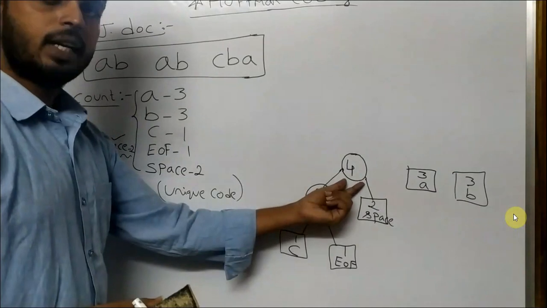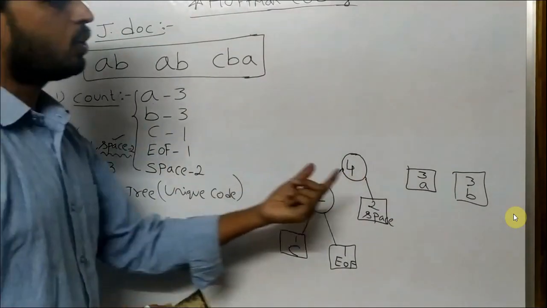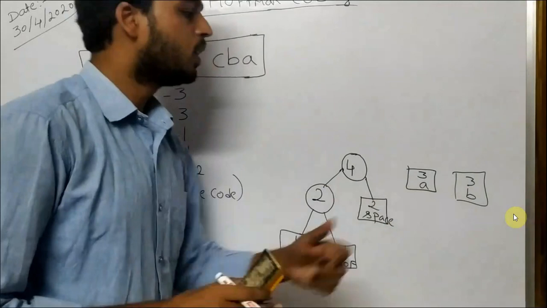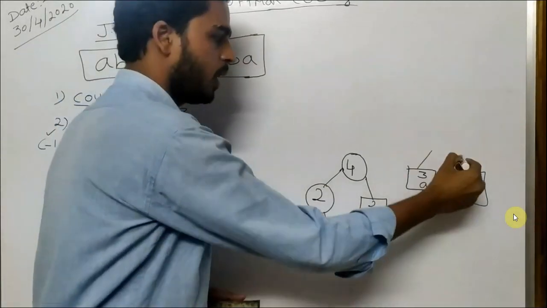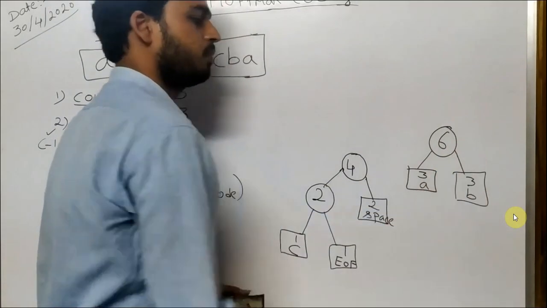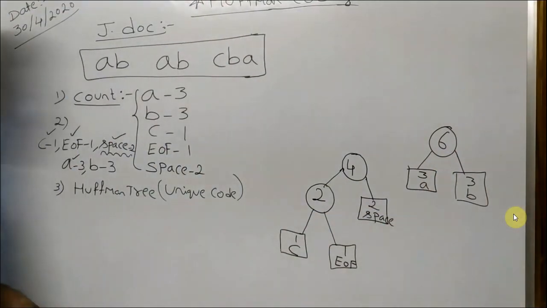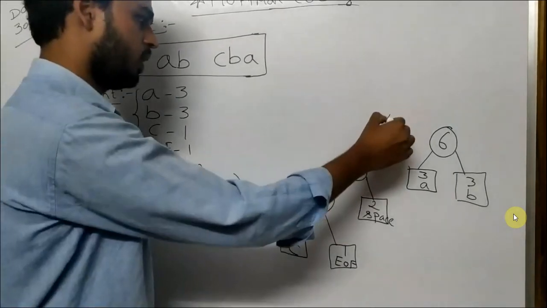Whatever that I am getting, I am going to add into the back and I will find out the least smallest elements, right? So the least smallest elements are these 3 and 3. So for this I am going to get the value 6. Okay, fine. Now combine these two.